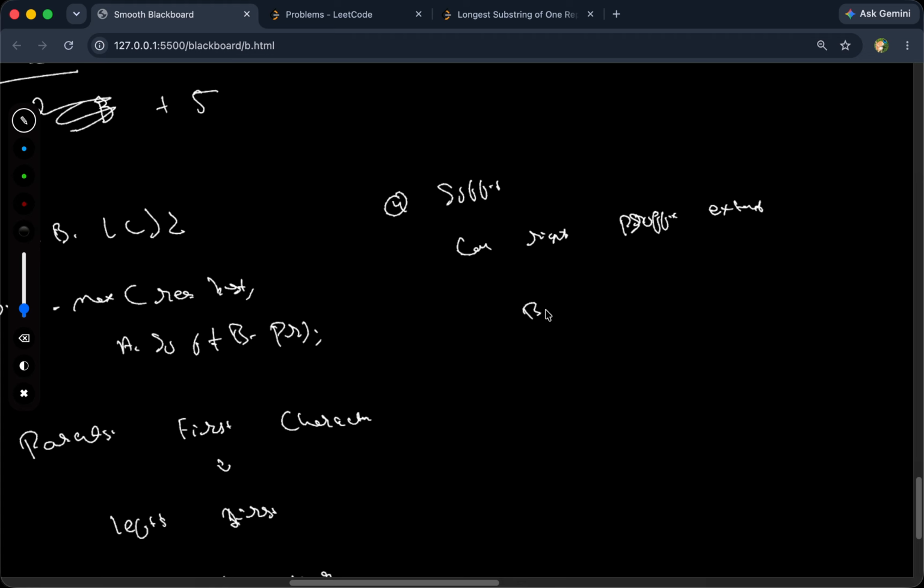Okay, so best is, just a minute, left best, right best, and cross, which is left suffix plus right prefix.